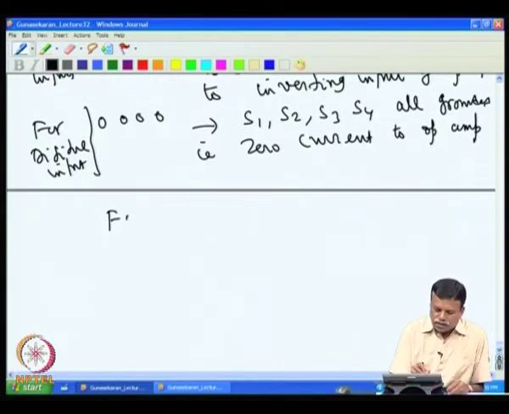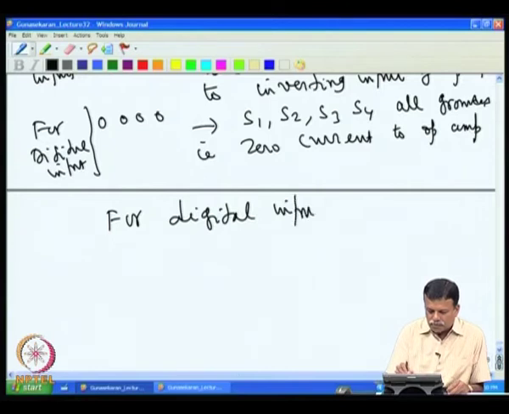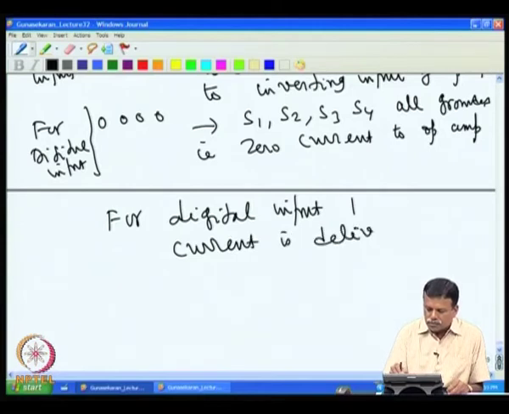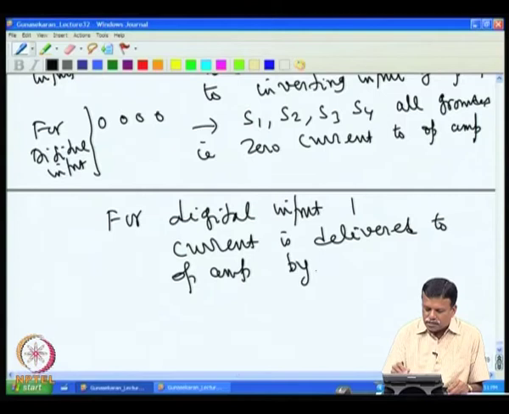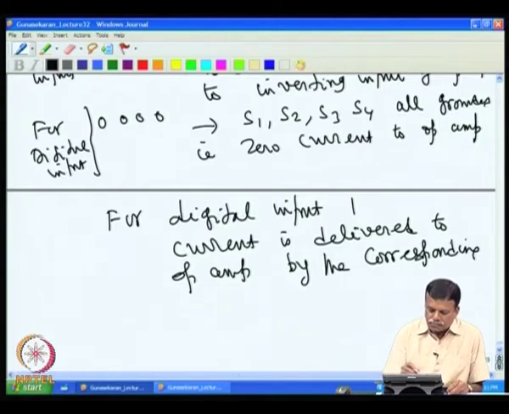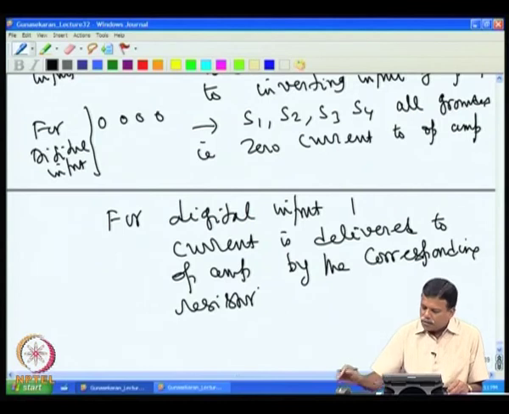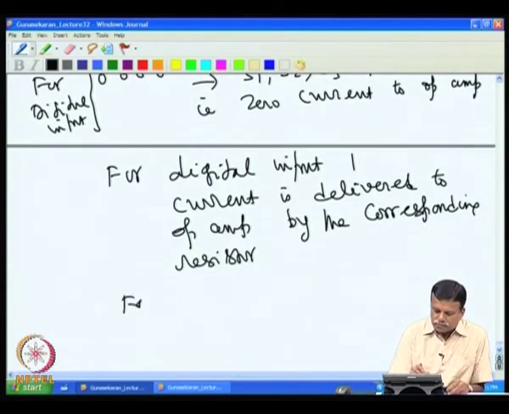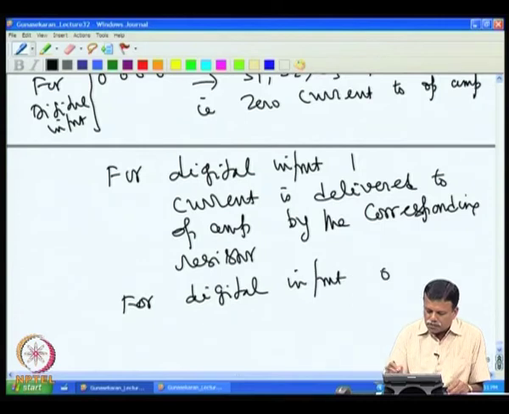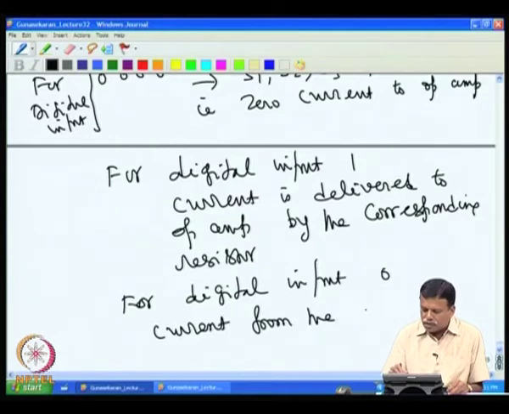So, for digital input 1, current is delivered to the op amp by the corresponding resistor, and for digital input 0, the current from the corresponding resistor is grounded.